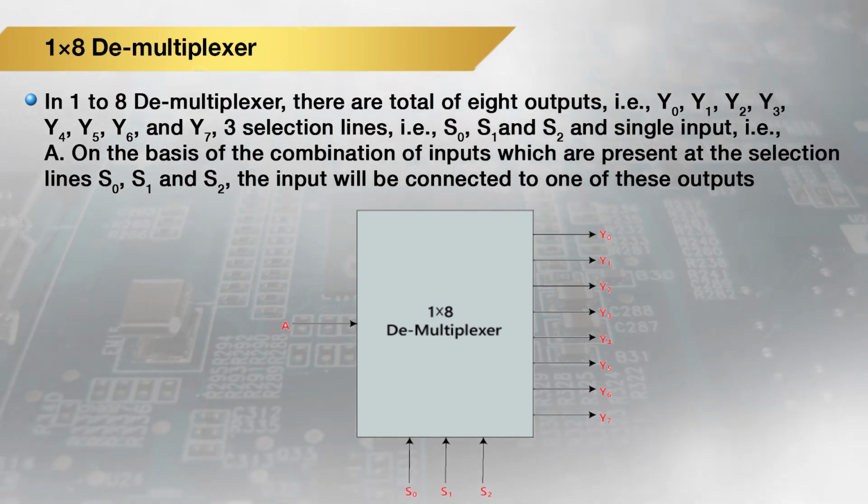So these 3 selection lines will be S0, S1 and S2, and a demultiplexer is a single input device, so there will be only one input, and let's assume it to be A. On the basis of the combination of inputs present at the selection lines S0, S1 and S2, the input will be connected to one of the outputs from Y0 to Y7.